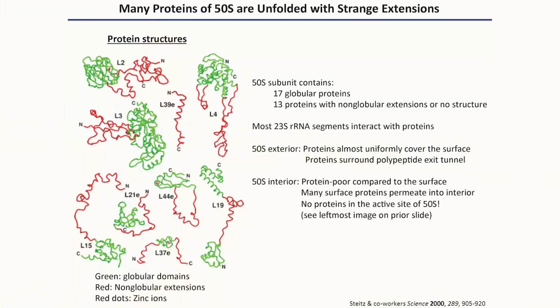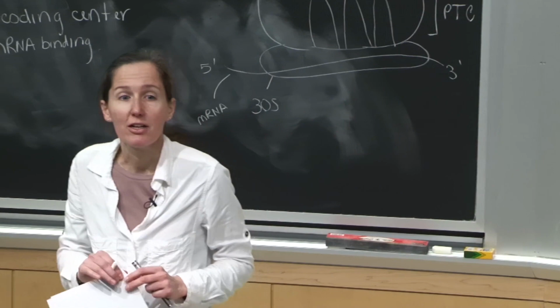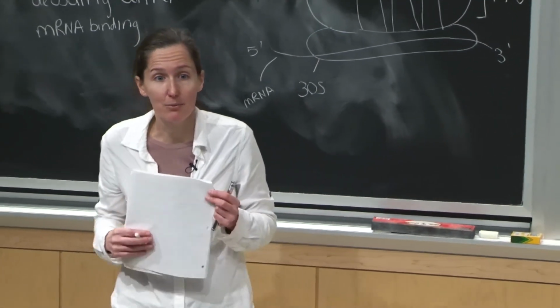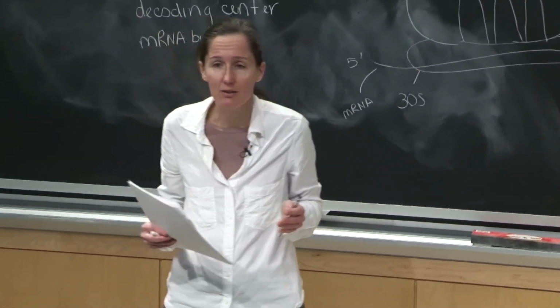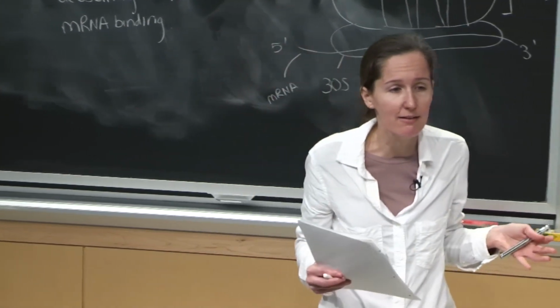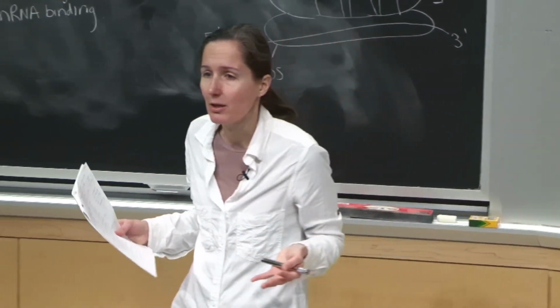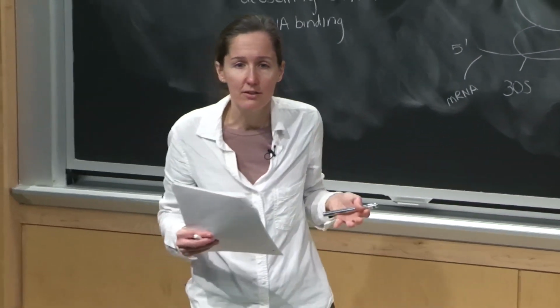Arginine's higher here. So if we have a bunch of positively charged residues in these extensions, how are they going to interact with the rRNA? What are the molecular features there that are important? The phosphate backbones, right? We have the negatively charged phosphates and positively charged amino acids, effectively forming salt bridges.